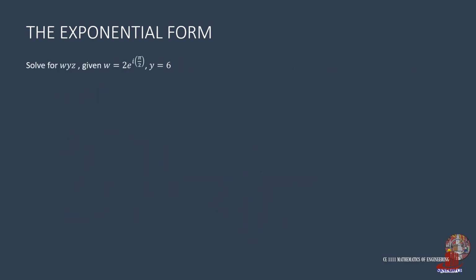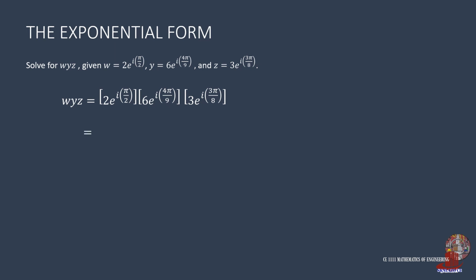Let's try multiplying three complex numbers in their exponential form. With the complex numbers tagged as w, y, and z, the product wyz is solved by multiplying them all together, where the moduli will just be multiplied, 2 by 6 by 3, as 36. The exponents of e will then be added.